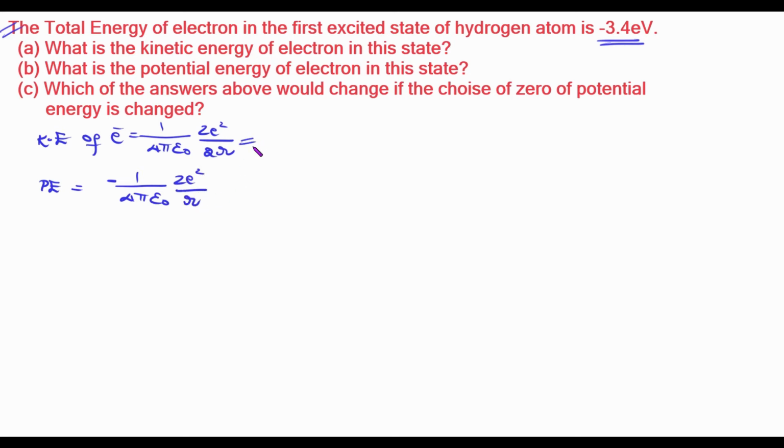So these are the equations of kinetic and potential energies, which clearly tells that the potential energy is actually minus 2 times the kinetic energy. So if we put 2 into kinetic energy here, the 2 cancels and you will get minus 1 divided by 4 pi epsilon naught, z e square divided by r.